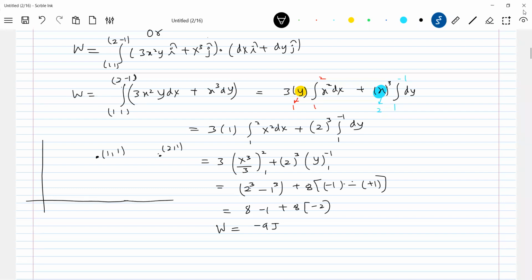So minus 1 will come here. Getting this one? So what is the path? The path is like this. So that is actually the meaning. First you are integrating along x-axis, then integrating along y-axis.